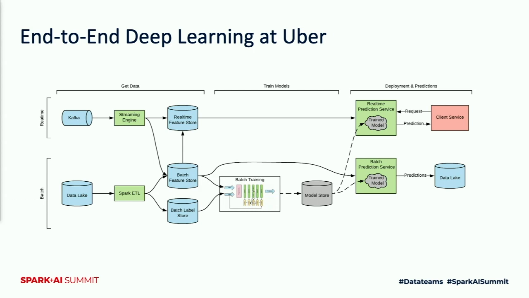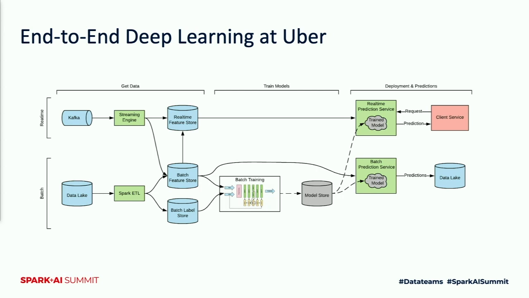So in the real-time scenario, we have messages coming in from a Kafka queue that get taken in by our streaming engine and then fed through our feature store to transform into features. And in the batch scenario, we have data coming from our data lake, so something like Hive and HDFS, that then goes through a Spark transformation process to be converted into features. And then the model training itself occurs, which we'll discuss in more detail in a moment. So that will be the combination of your Spark application as well as your deep learning.